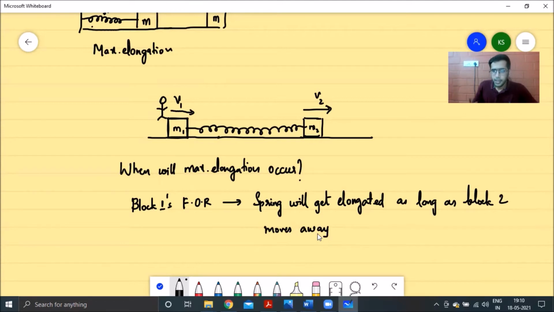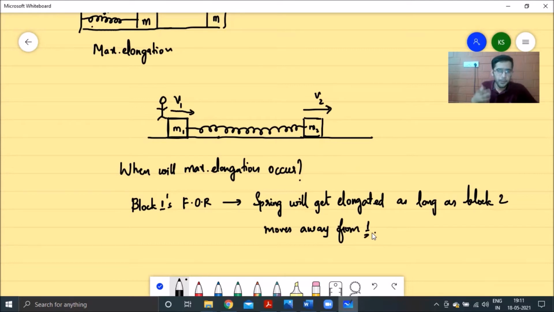As long as block 2 moves away from block 1, the separation between the two blocks is increasing. So the spring which is connected to both the blocks will also be increasing in length. In other words, it's getting elongated, right? So the spring will get elongated as long as block 2 moves away from block 1.